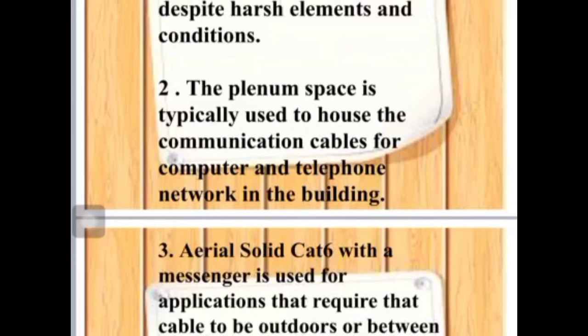Materials burning in a plenum airspace release smoke and fumes which can travel throughout the whole building, and past burning cables had been a significant culprit in the release of toxic gases during fire.